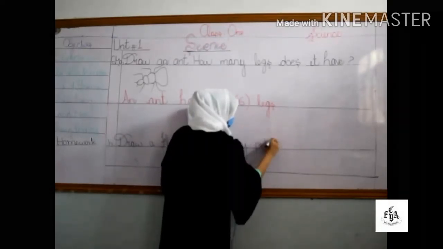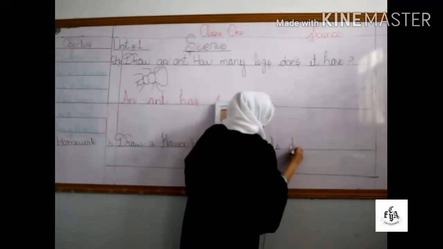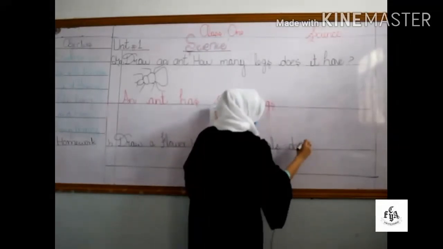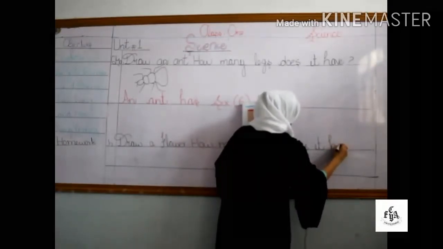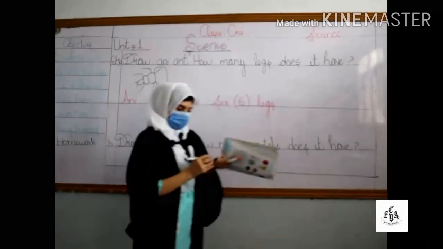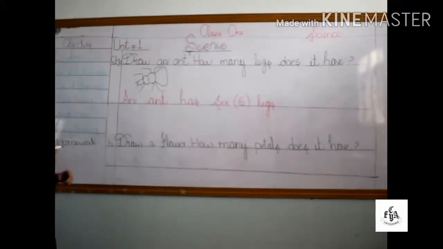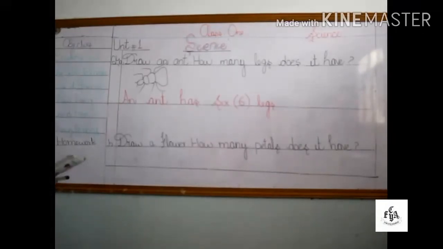Petal means पत्ते. Have. Does it have? Question mark. Clear? Do you know how many petals does a flower have? Yes, a flower has 4 petals. Clear?